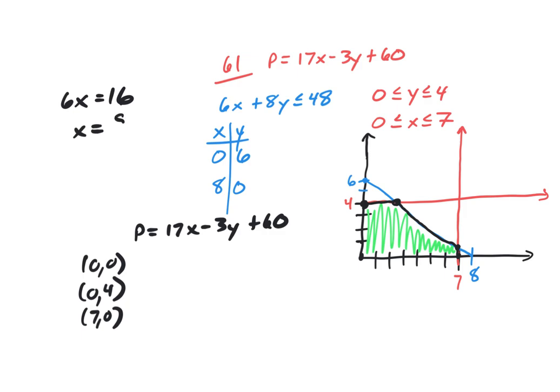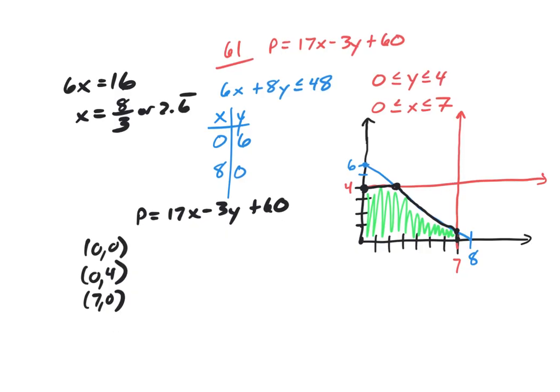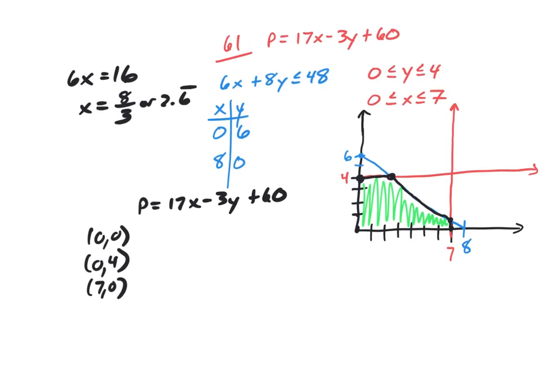I'm just going to leave it as a fraction, mainly because it's a repeating decimal. Okay, but probably the 8/3 would be better, and I'll show you why here in just a second.